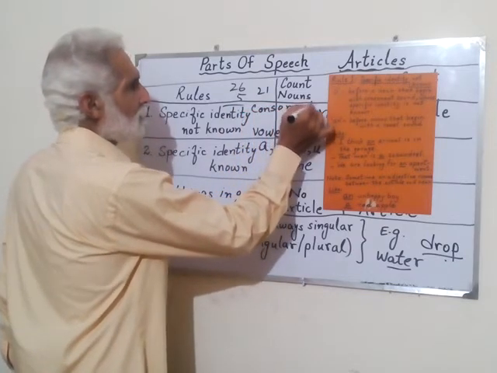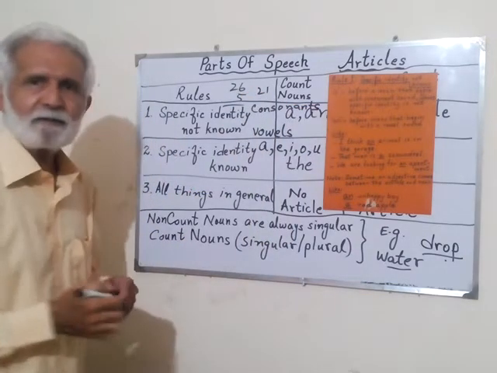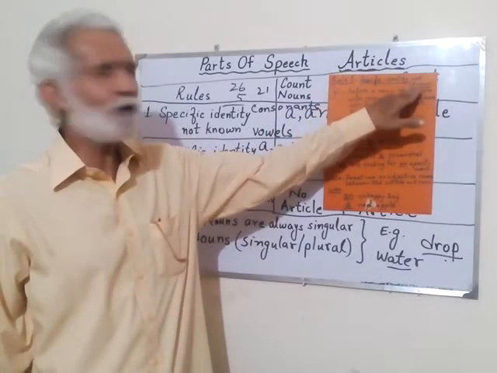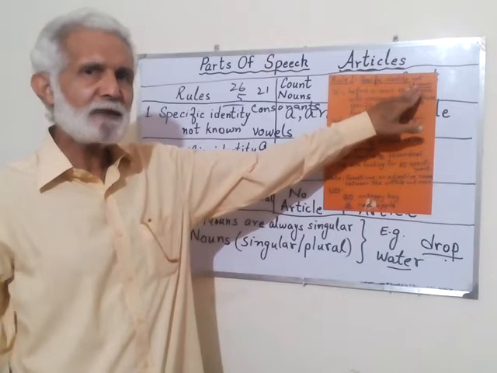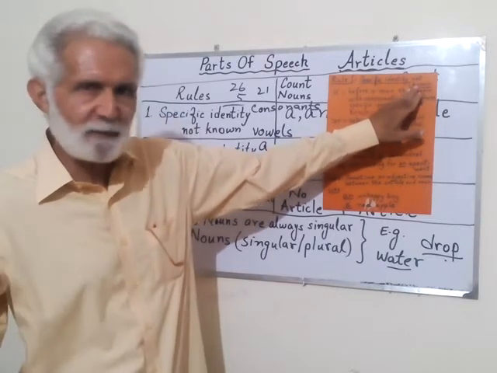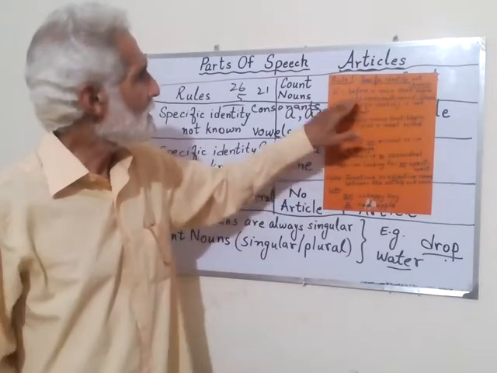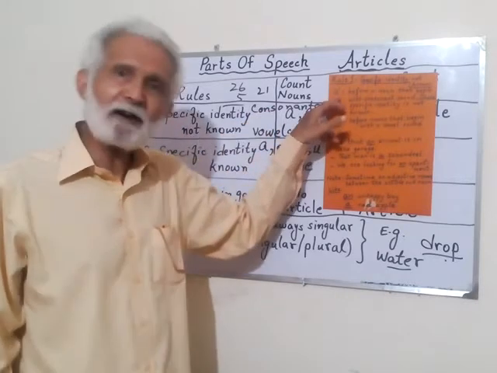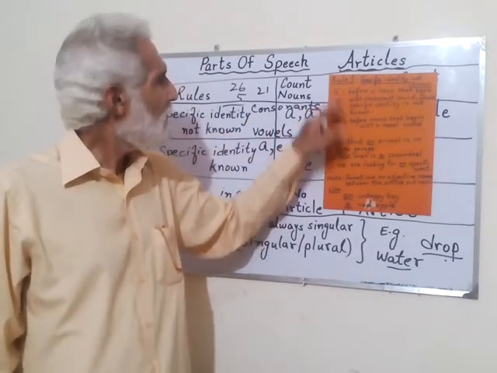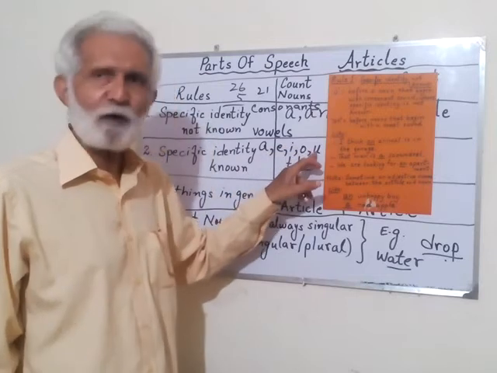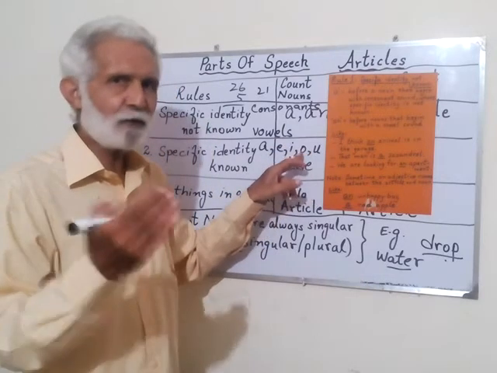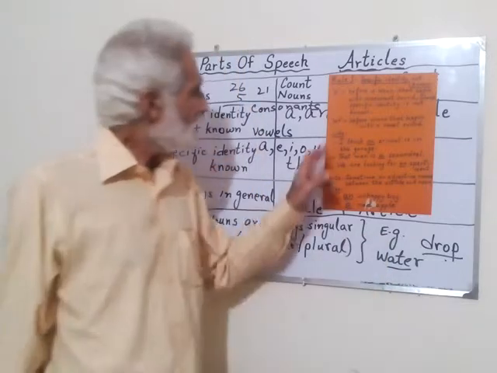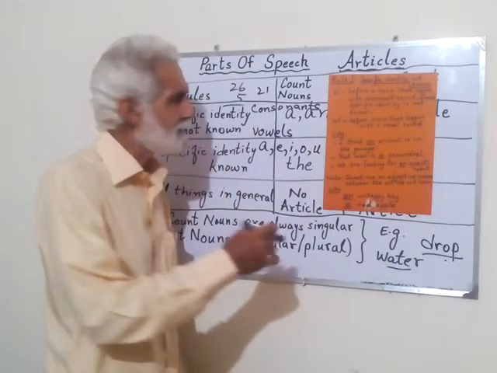So before these consonants, rule number 1 says specific identity not known, if the noun is in common form, then before a consonant we use a. And before these 5 vowels, if the sound is a vowel, then we use an. Rule 1 is clear.